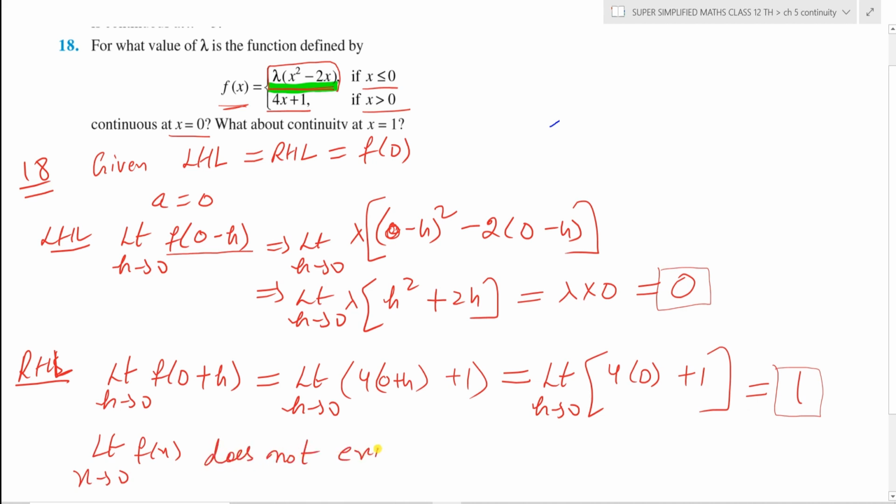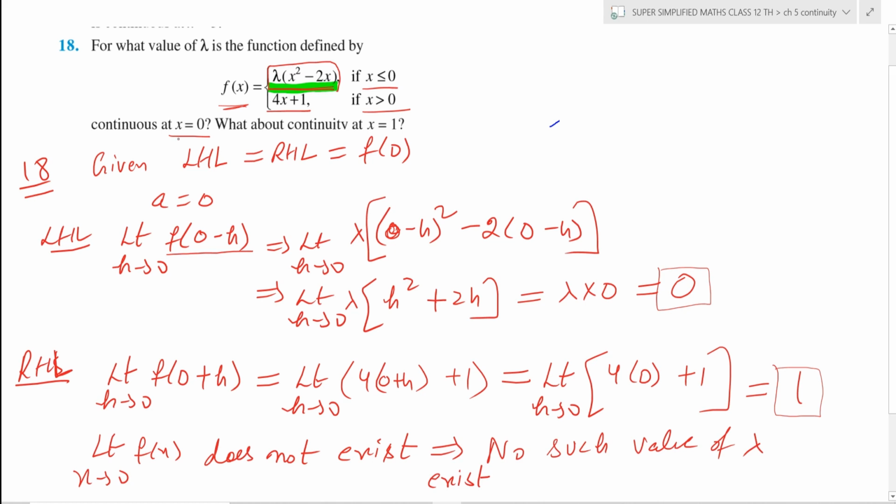If this limit does not exist, then how can it be equal to the value of the function at 0? So that means no such value of lambda exists, so that the function becomes continuous at x equal to 0.